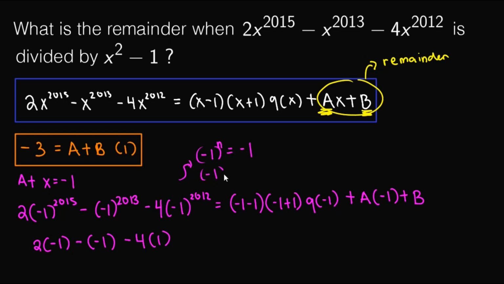But if it is even, say 2n, then this becomes just 1. So something like that.